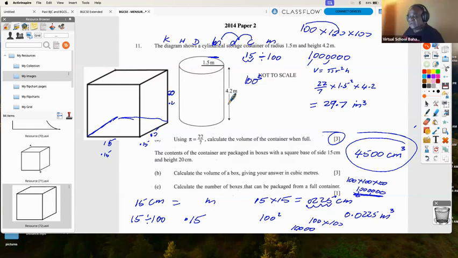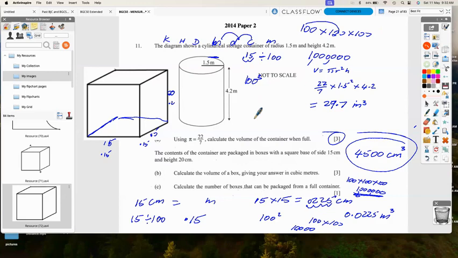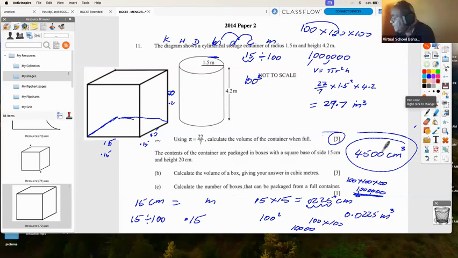I don't know if it makes sense to you. If anybody's still in doubt, anybody has a doubt with that? It makes sense. Yes, because it's cube, we got to multiply by itself 3 times.